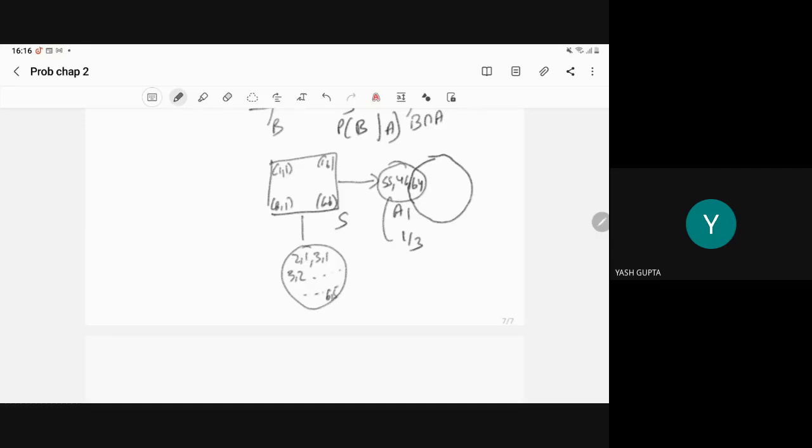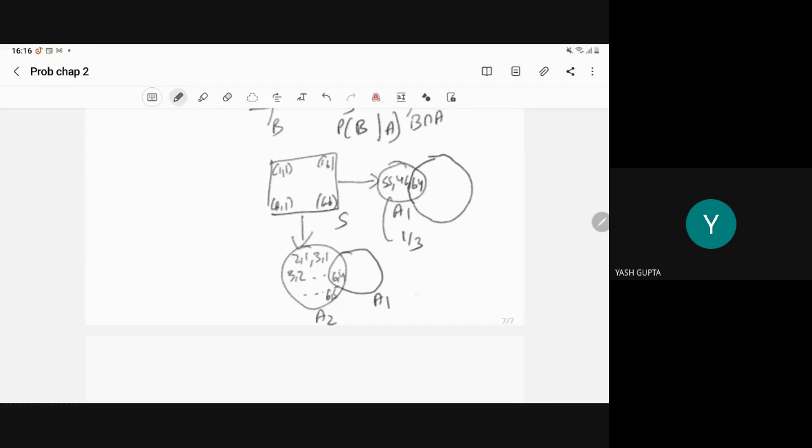This is A2, and A2 has already occurred. So from the sample space of 36 points, the sample space is now reduced to 15 points. Out of the 15 points, here we have 6 comma 4, which represents that the sum should equal 10.